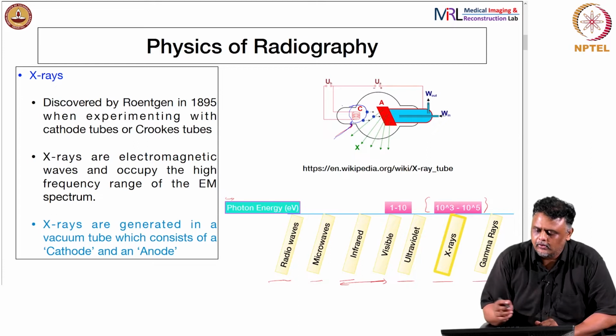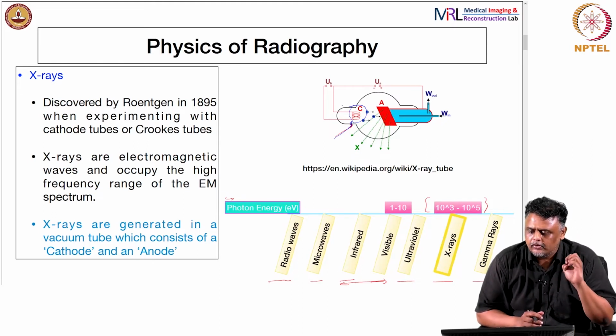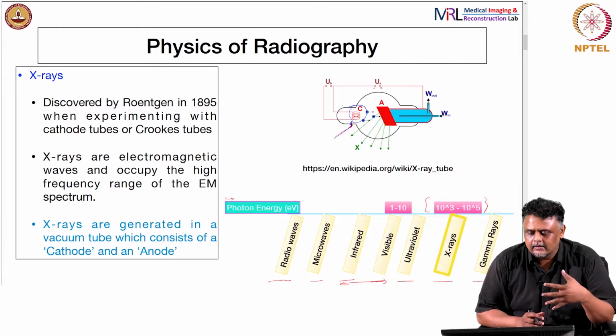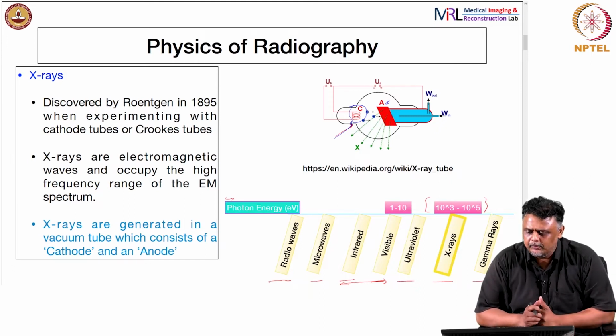That cathode is the emitter of electrons. It is thermionic emission: if you pass current through it, it heats up and emits electrons. These electrons are accelerated by a potential difference across the tube to hit the anode plate or the anode target. The anode target is typically coated with tungsten or other high Z materials.